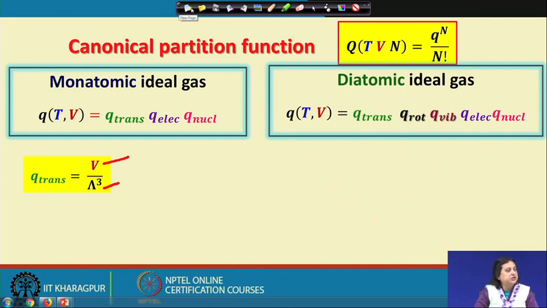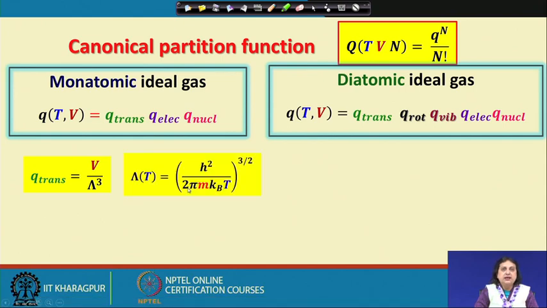We have introduced lambda as the thermal de Broglie wavelength, which gives us the finite temperature analog of the de Broglie wavelength associated with each particle.